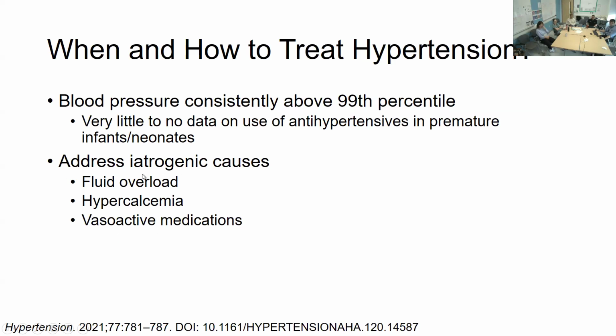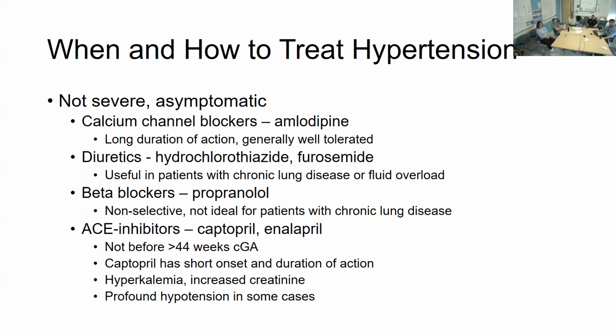So the first step, of course, is addressing if there are any iatrogenic causes. And then your second step is a variety of agents that you have at your disposal.